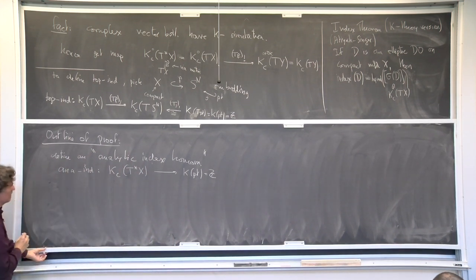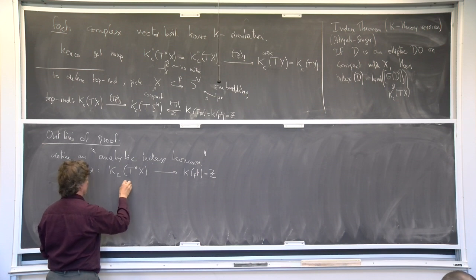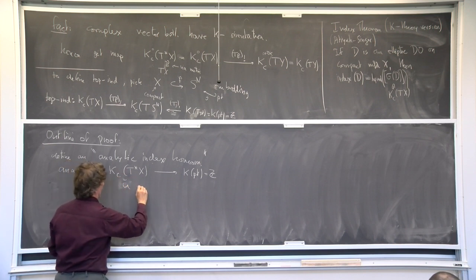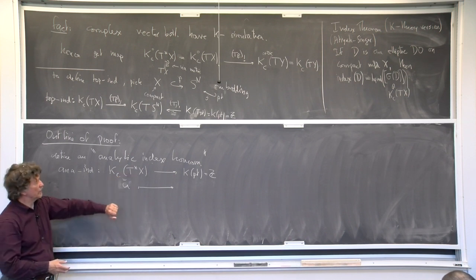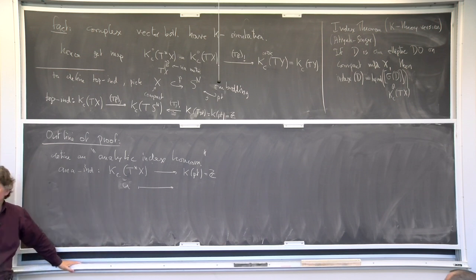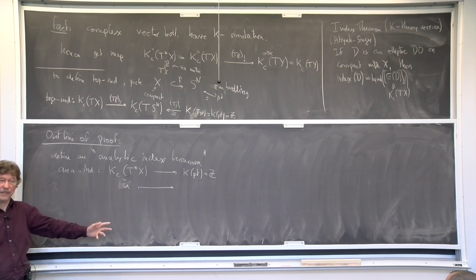But this map is defined in a very different way. It starts with any class U in here. And then what you do is you say, oh, we know that the index of an elliptic operator only depends on its principal symbol. So let's try to construct an elliptic differential operator which has U as its principal symbol, and then take its index, right?